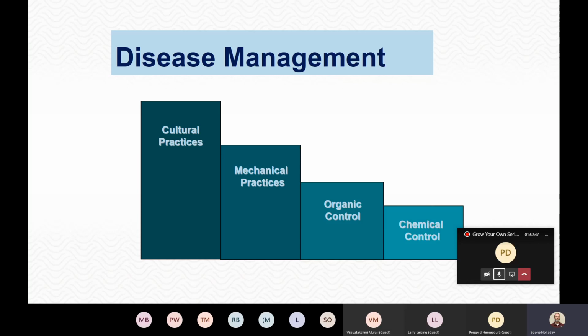Really the best for disease is to try to stick with the cultural practices for the most part, because usually with disease, once we see damage from disease, in most situations, it's really too late for us to be able to address that with a disease control product, whether it's organic or chemical. Our best bet here is to be wise and creative in making decisions with these cultural practices.